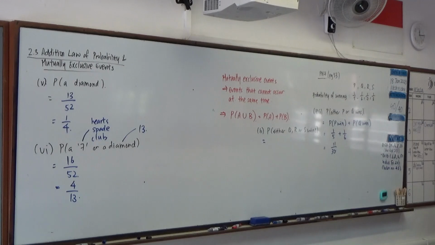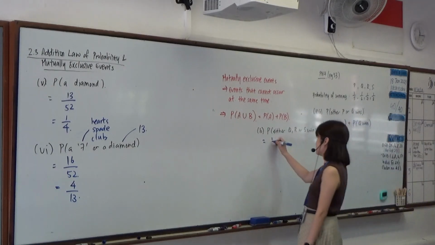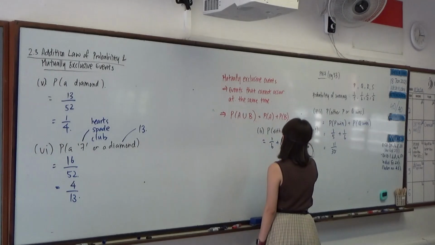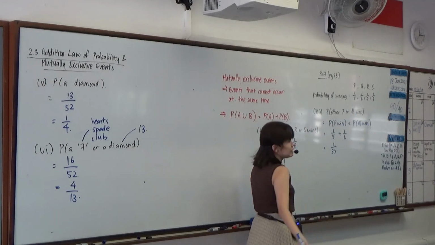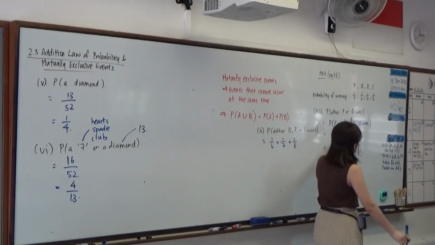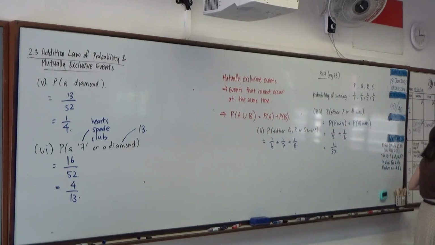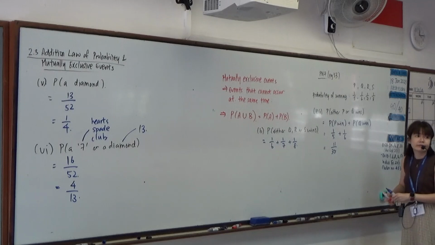What will you do? Okay, we take 1/6 plus 1/7 plus 1/8. That means it is the probability of Q winning, R winning, and S winning. Why is it that we can do that? Can you explain to us why you can do that?